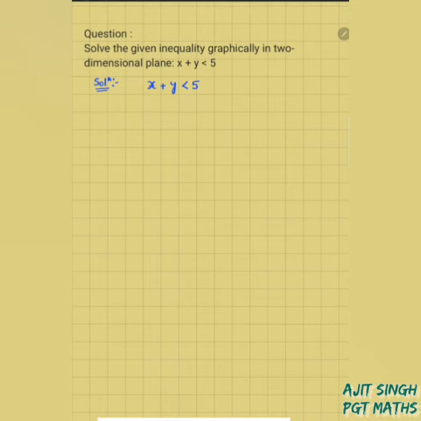To draw the straight line on the graph, consider this inequality as the equation x plus y is equal to 5. So y is equal to 5 minus x.